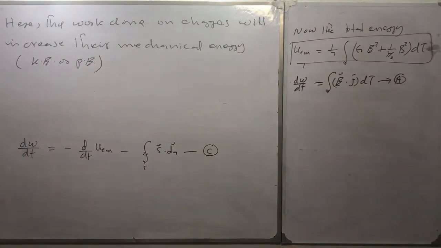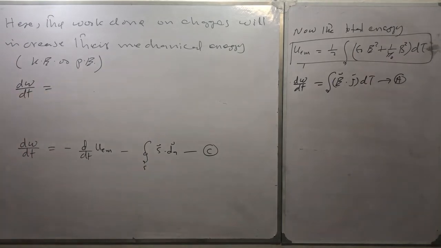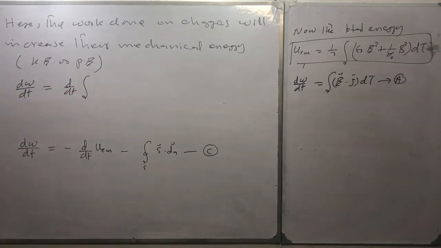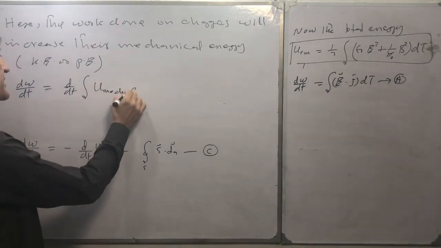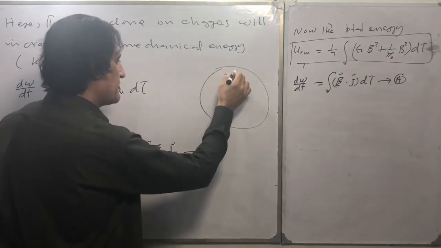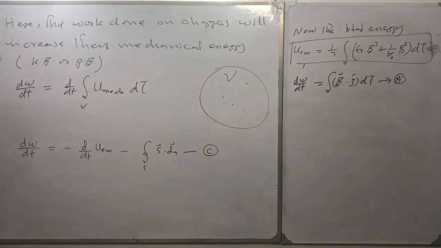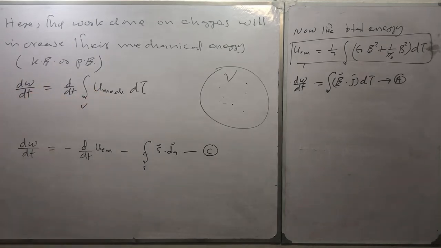So the mechanical work done is equal to d divided by dt of the integral of u mechanical d tau over some volume.